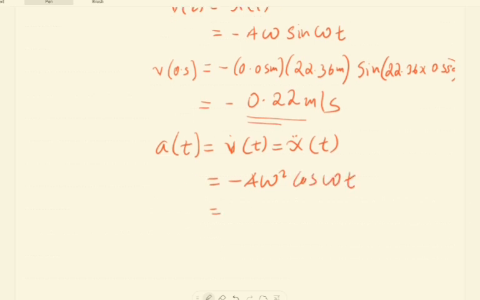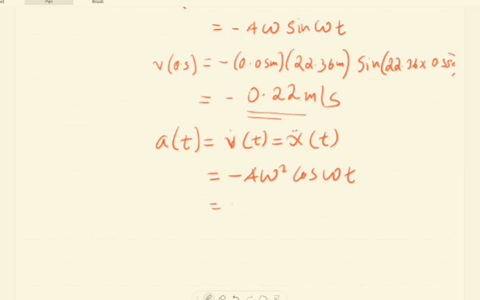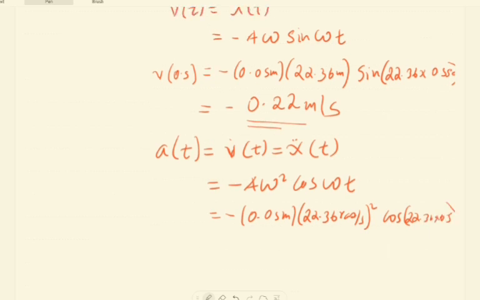Now the arithmetic: minus 0.05 meter times 22.36 rad per second squared cosine of 22.36 times 0.5 second. With the result you would find negative 24.52 meter per second squared. This gives us the acceleration.